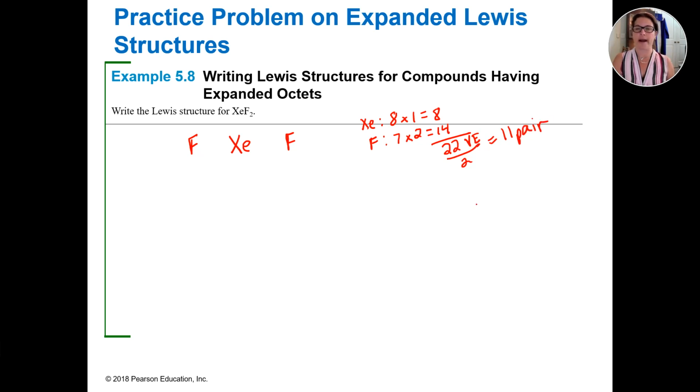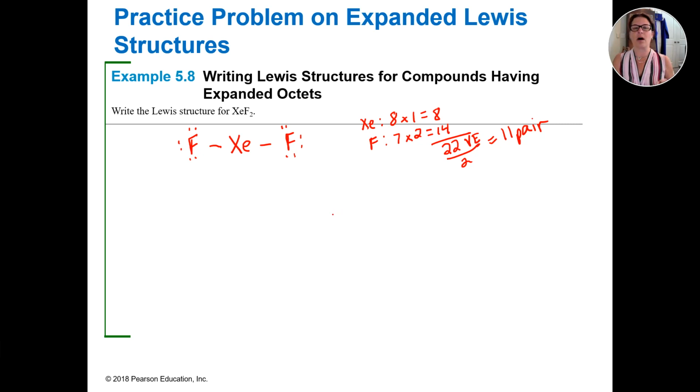Okay? All right, now we're going to do what we did each time. Fluorine is going to get first dibs on all the electrons. So 1 pair, 2 pair, 3 pair, 4 pair, 5, 6, 7, 8.